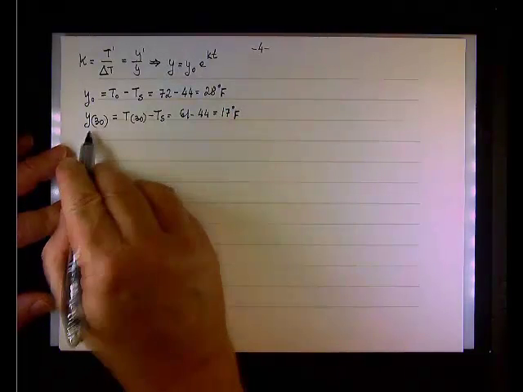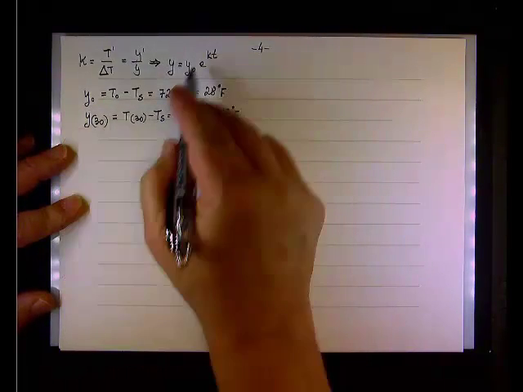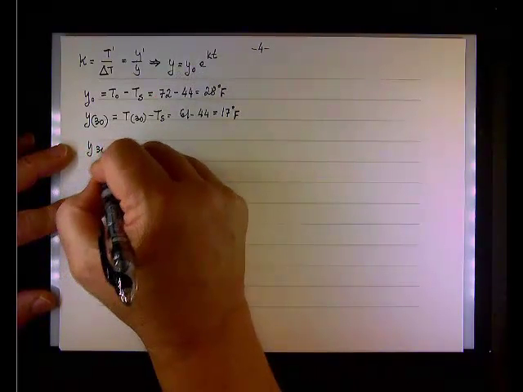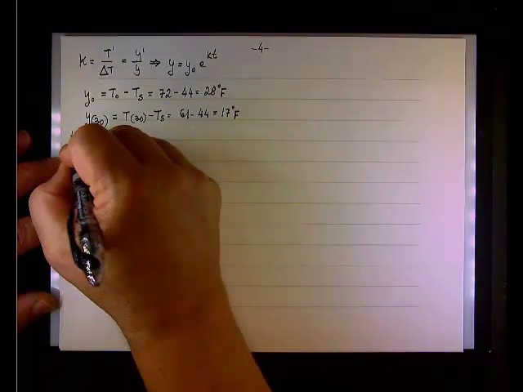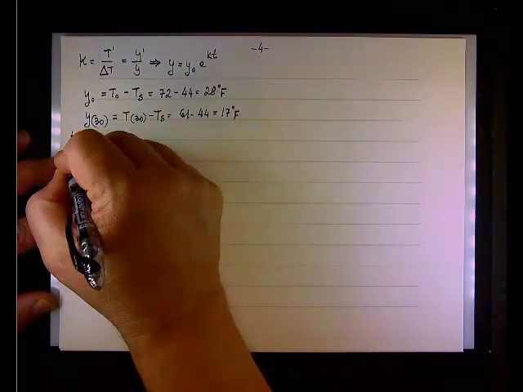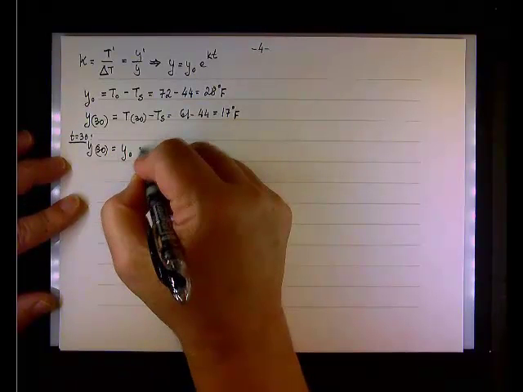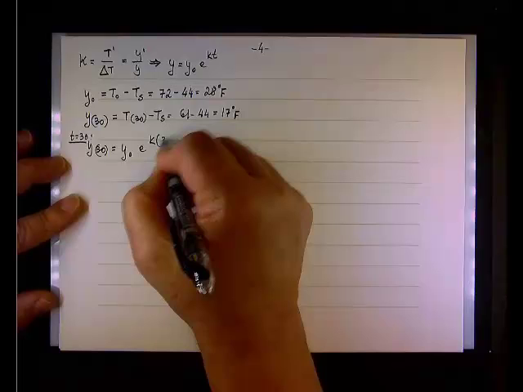So we have y of 30, we have y sub 0. I'll go ahead and plug it here. So y after 30 minutes, so let's say t equals 30 minutes, y after 30 minutes will be y sub 0 e to the power of k times 30.